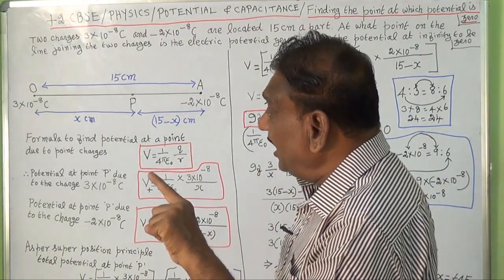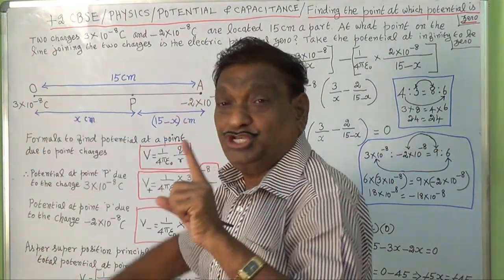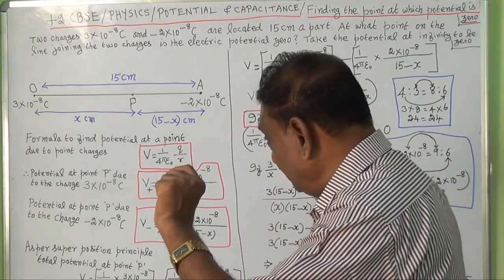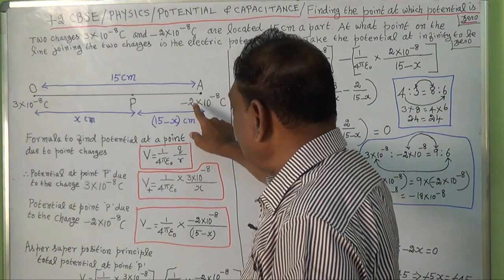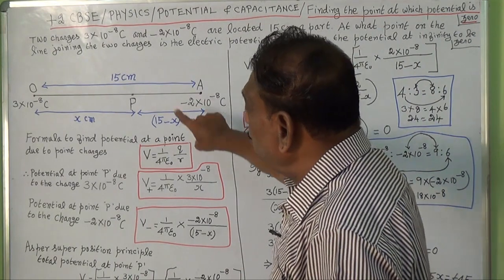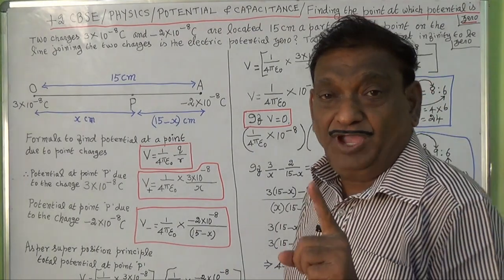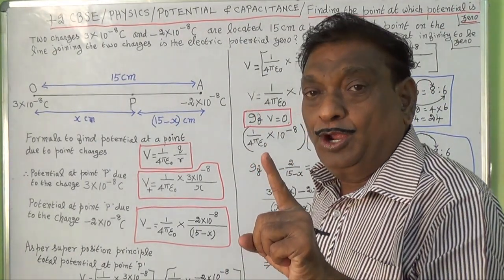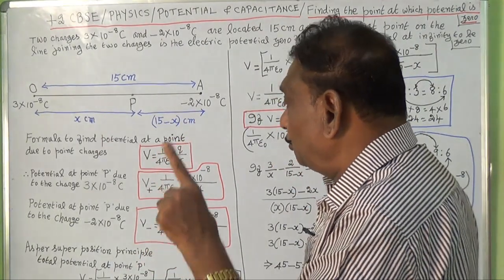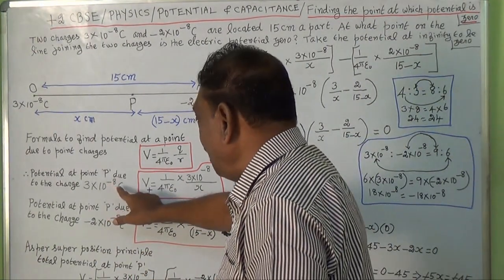We are well aware that this 3 into 10 to the power of minus 8 coulomb positive charge will produce the positive potential at the point P. This minus 2 into 10 to the power of minus 8 coulomb charge will produce the negative potential at the point P. So we are going to write the potential at a point P due to the positive charge 3 into 10 to the power of minus 8 coulomb.